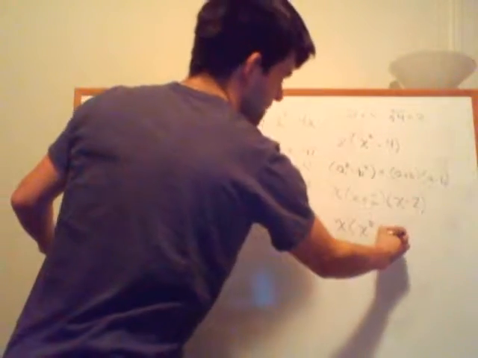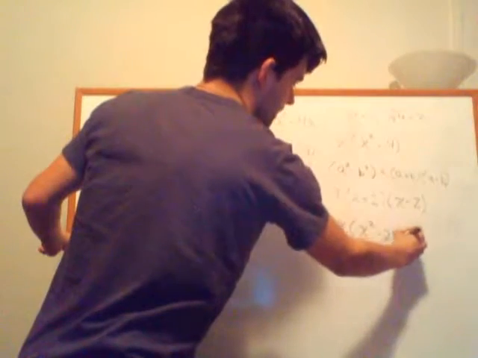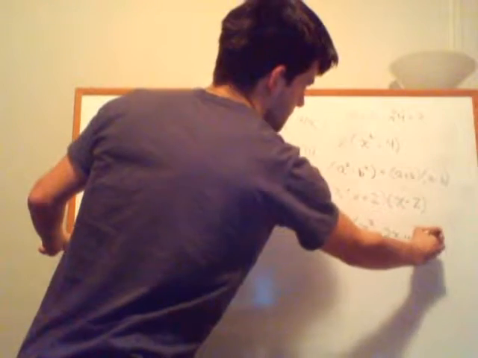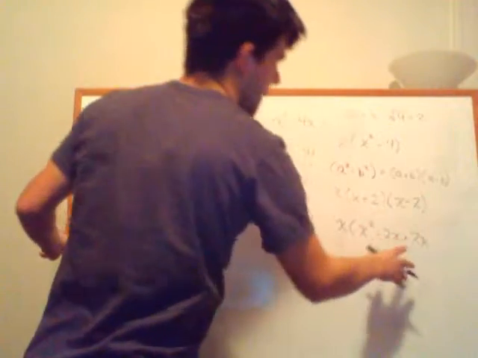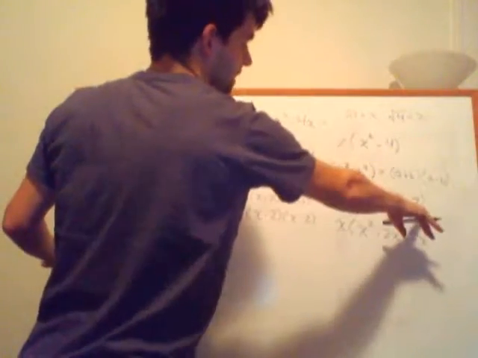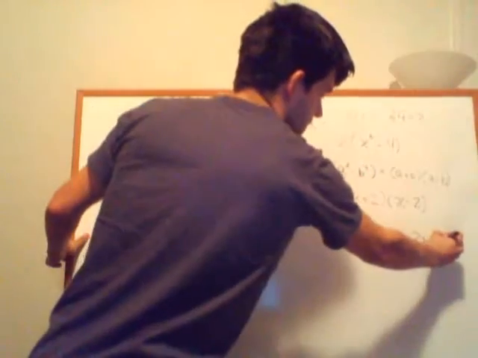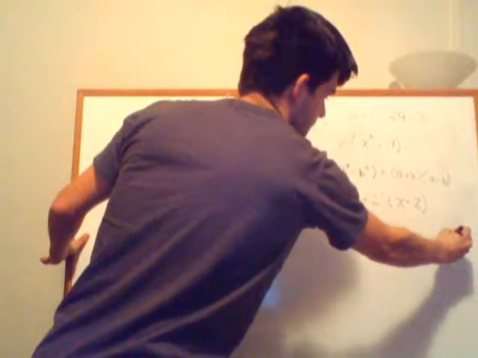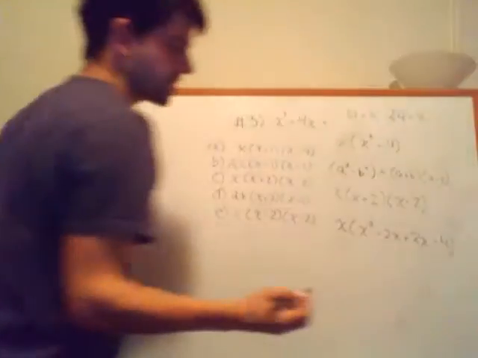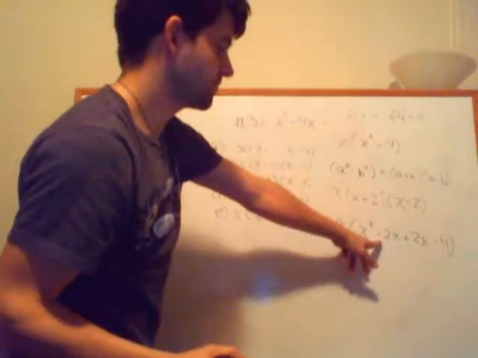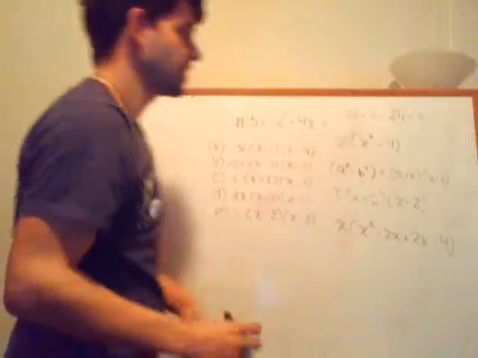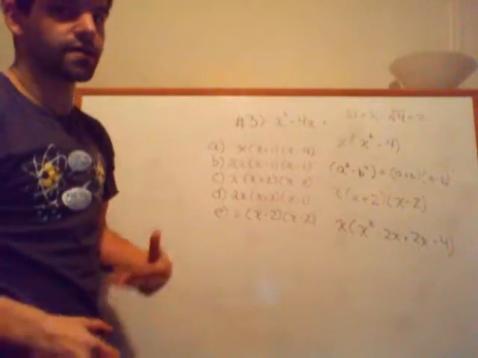Outer is going to be minus 2x, inner is going to be plus 2x, and then last is going to be plus 2 times a negative 2, which is minus 4. Now, as I mentioned, notice how the negative 2x plus 2x, when you add those two together, you get 0.